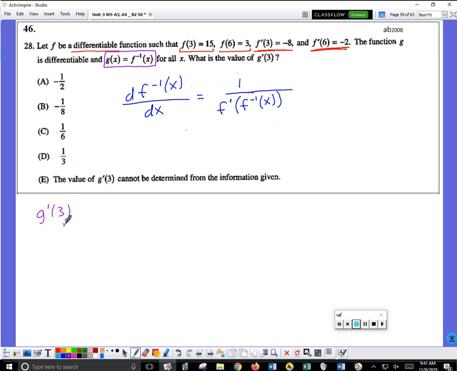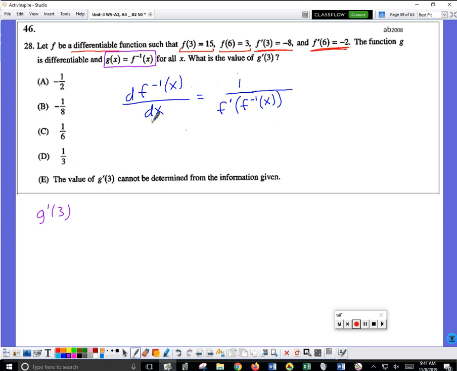It's just a matter of you getting good at using the equal sign, like recognizing what is equal to what. To kind of get you started here, they want us to find g prime of 3, which means I'm supposed to take the derivative of g. Well, g is f inverse. Hey, that's why I need this formula, because I need the derivative of f inverse.